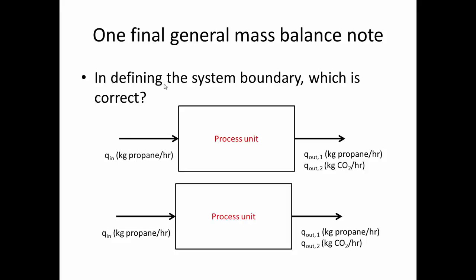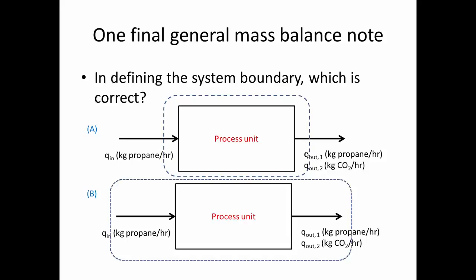But one final thing to note is that I always ask you to define the system boundary. So say we look at the propane system, which of the following system boundary definitions would be correct? Would it be system boundary A here, where we're circling simply the process unit, and you have streams going into or out of? Or would it be system boundary B, where we're essentially circling the whole thing, including, it would seem, the streams in and out, as well as the process unit?